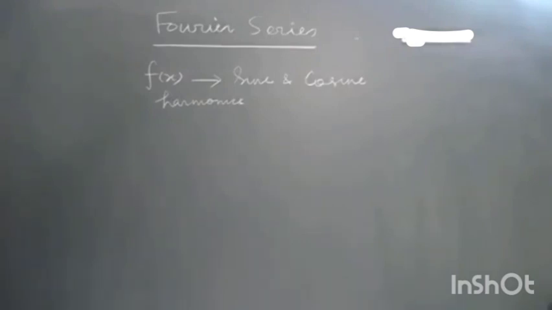So when we will write the Fourier series in the form of sine and cosine functions, all of the harmonics of the function f(x) can be seen. That is the advantage of writing the Fourier series.